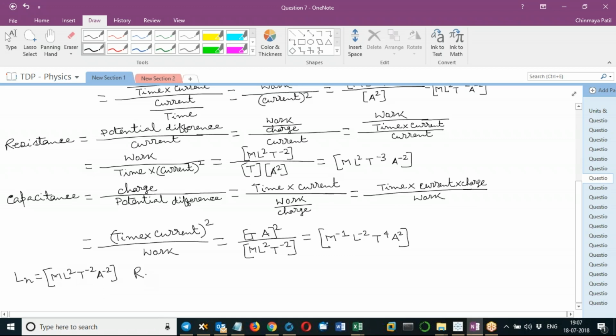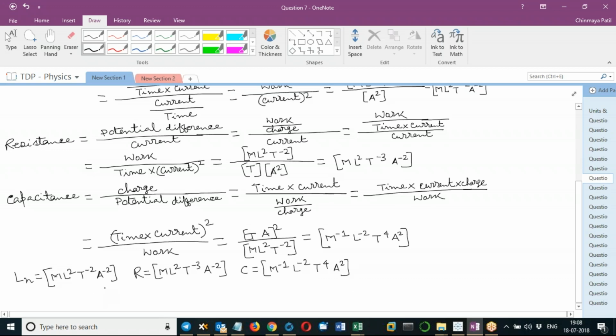Then resistance R has the dimensional formula M L square t power minus 3 A power minus 2, and capacitance C looks like M power minus 1 L power minus 2 t power 4 and A power 2.